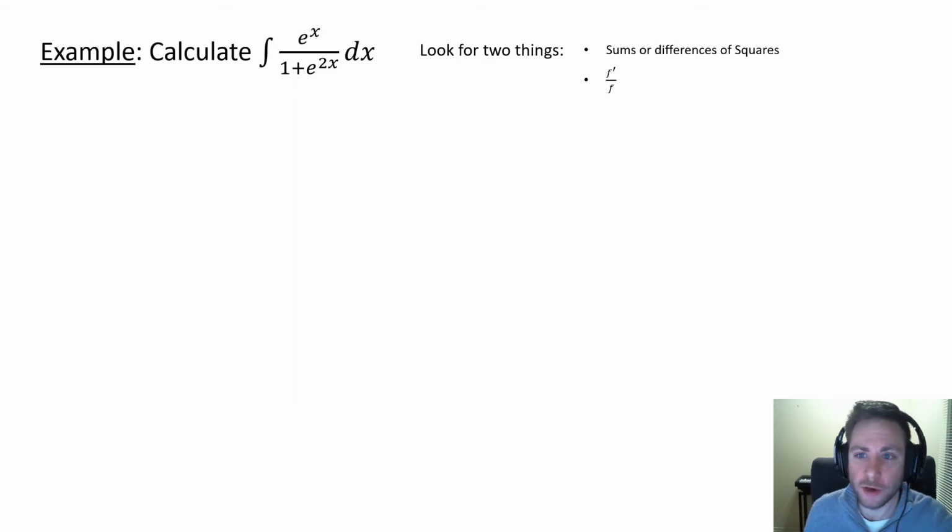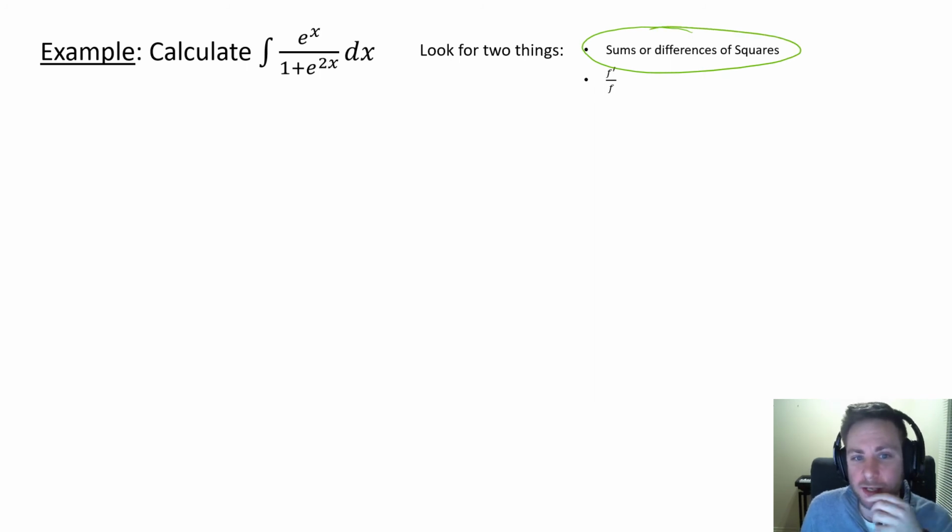There are some problems that need only one of these two concepts, some problems that need both of them, and some problems that need neither of them. But keeping these two things in mind will get you through the vast majority of integral problems in this course. So they're things you should always be looking out for, even if they're not recipes for always getting the job done. In this case, the correct approach is to think of a sum of squares.